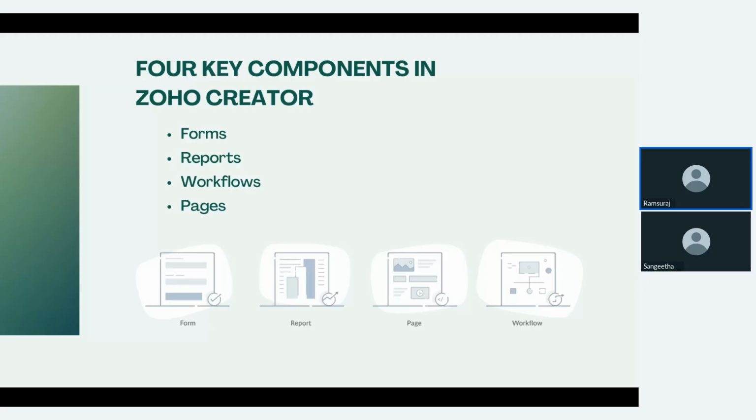For deeper customization, you can use widgets to build advanced UI with HTML, CSS, or JavaScript, and even connect to third-party services. For example, a dynamic dashboard with key metrics, charts, and live data feeds. So these are the four major components in Zoho Creator.